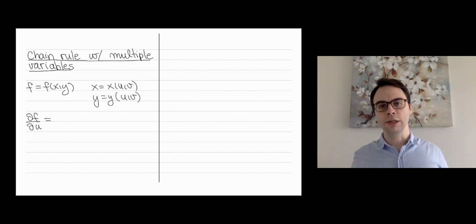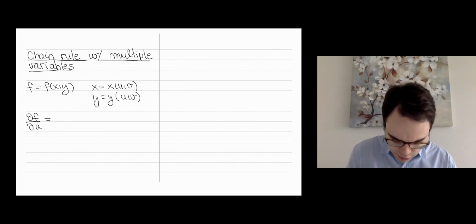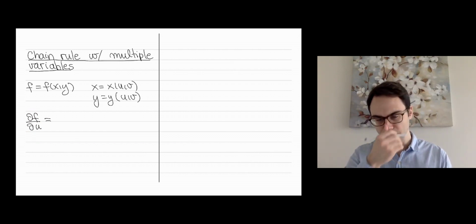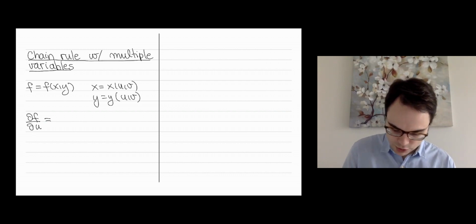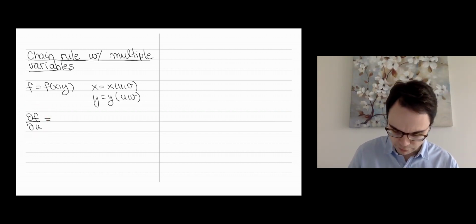We don't need a new formula here. We can just use the single variable chain rule from before, because when you take a partial derivative, you fix the other variable. In this case, we're fixing the variable v and taking a regular derivative with respect to u. This is just notation for fixing v and taking a derivative with respect to u. So let's take this derivative with respect to u.